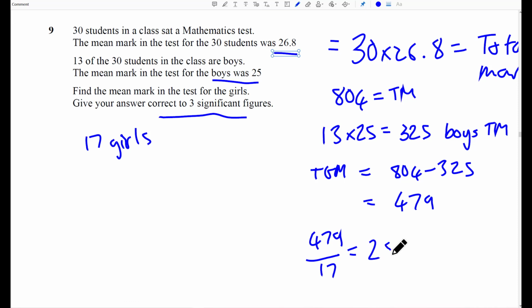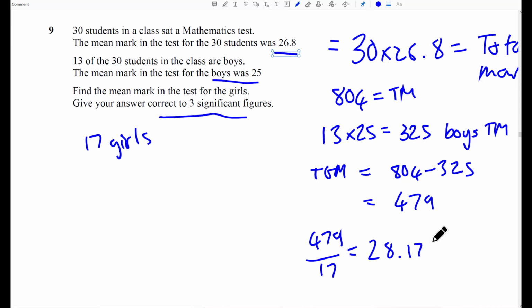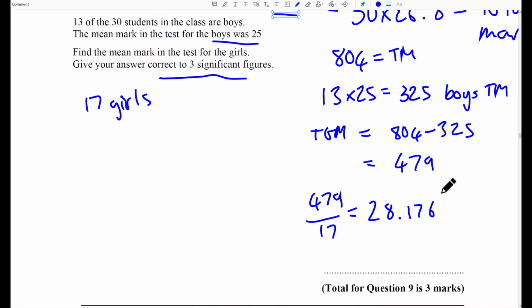That's 28.176, so to 3 significant figures, that's 28.2 to 3 significant figures.